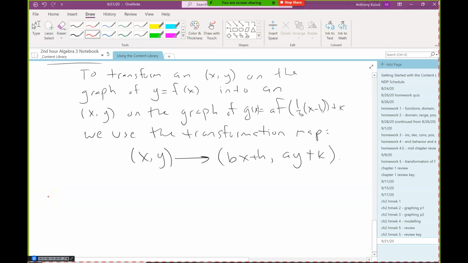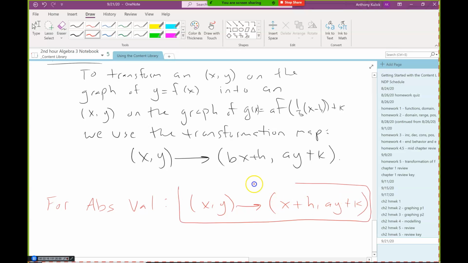Now, if we apply this to our situation that we're in with absolute values, our transformation map is just going to be x, y goes to x plus h, ay plus k.